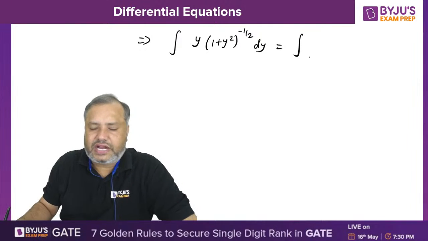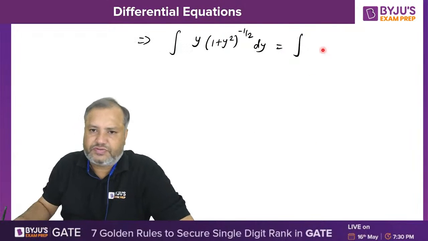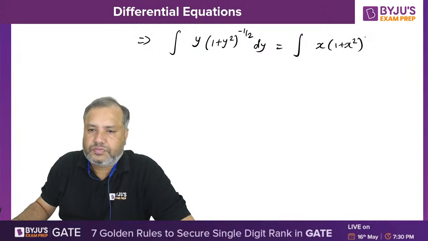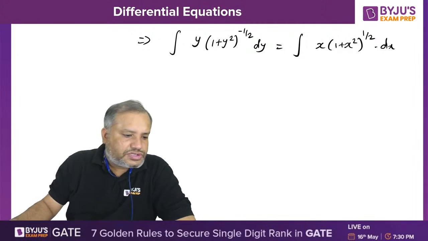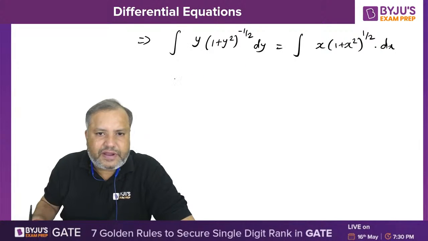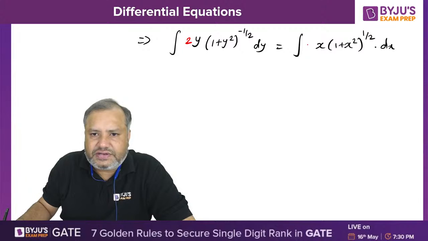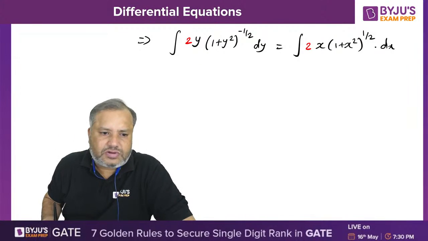Now on the right hand side, we have x into root 1 plus x square, root means power 1 by 2, dx. Now students, I am multiplying by 2 on both sides, because I want to apply an identity. Now please concentrate.